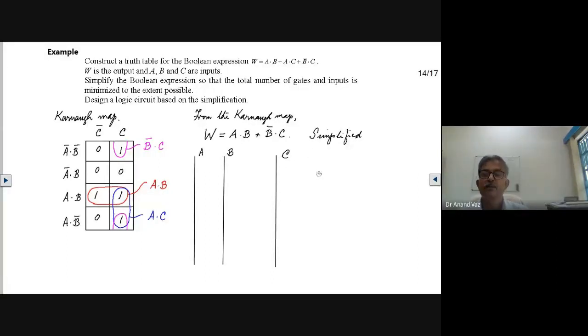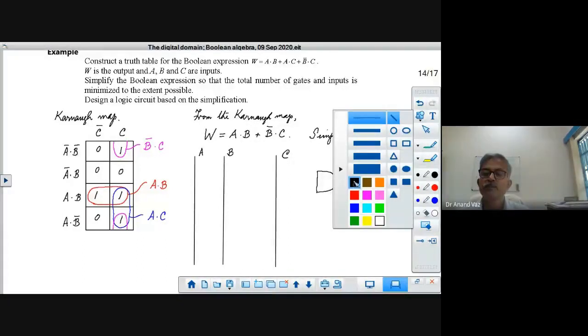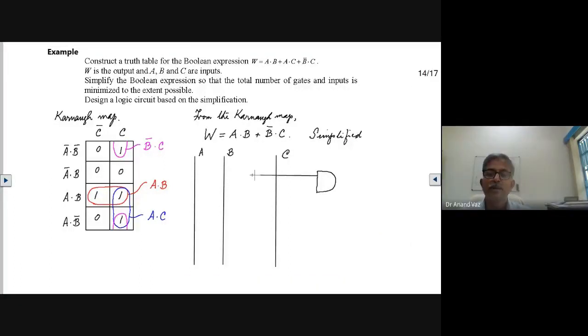So we will take one AND gate, and we'll take A and B. So the inputs are A and B. And not B and C. So we have another input needed.